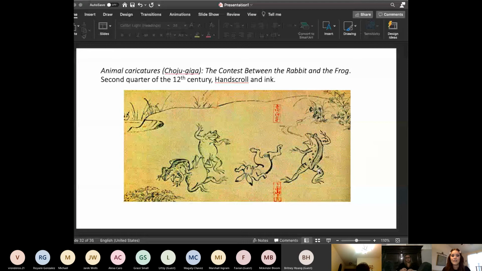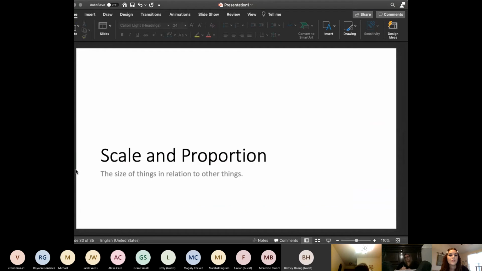You would see the characters act out the story, like comic book characters performing different activities. You'd see the same characters over and over again, so there's a repetition in seeing those characters again and again. Now, scale and proportion, that's the size of things in relation to other things.